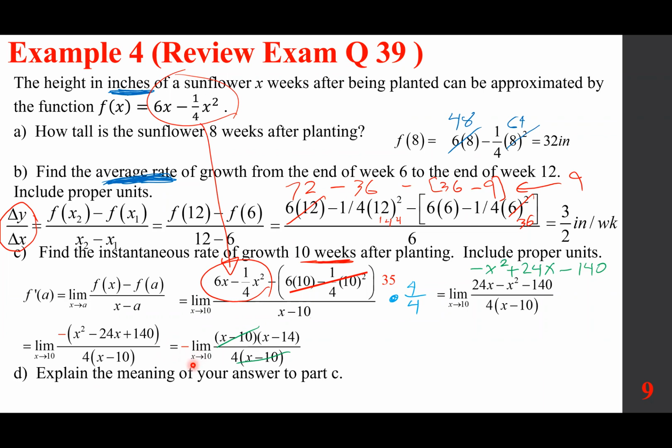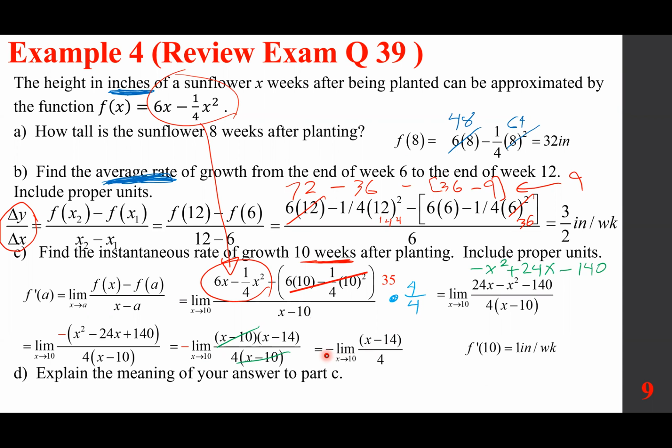Minus the limit as x approaches 10 of x minus 14 over 4. And if you plug in 10, you get minus 4 over 4, which is negative 1. There's a negative sign in front, and that gives us 1, and the units, inches per week.